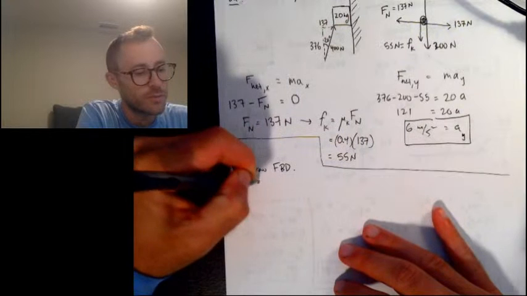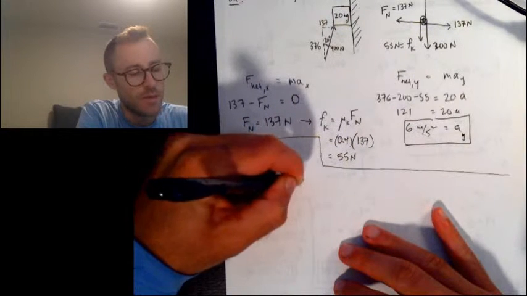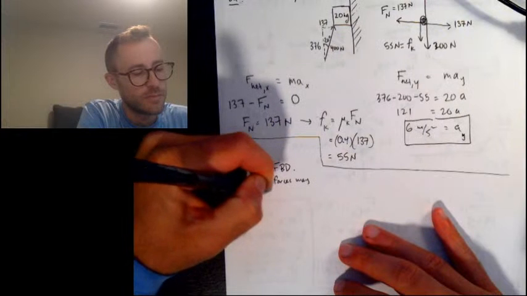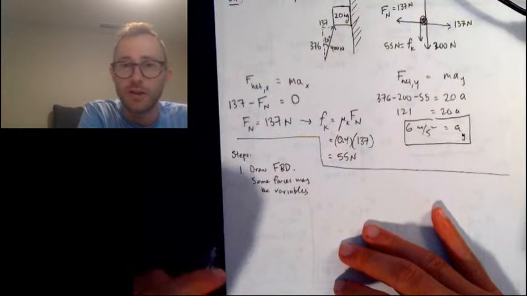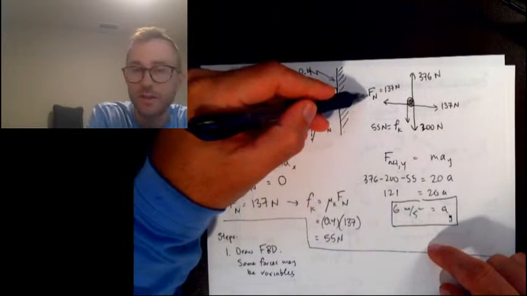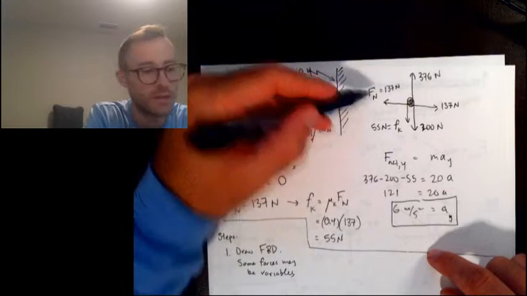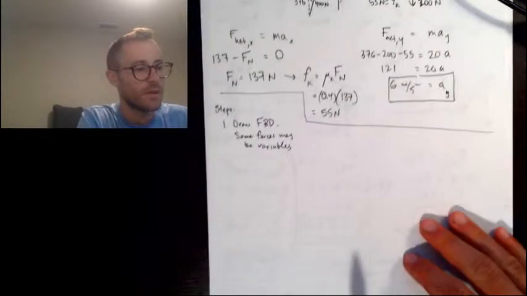Some forces may be variables. For example, in this free body diagram, when I started out, I didn't know what the normal force was, and I didn't know what kinetic friction was, so I just left them as variables.